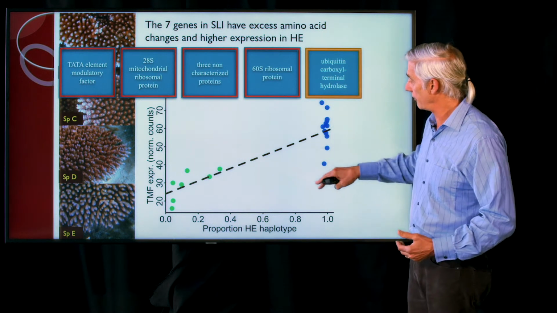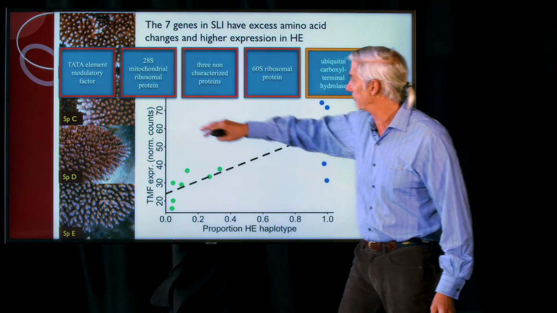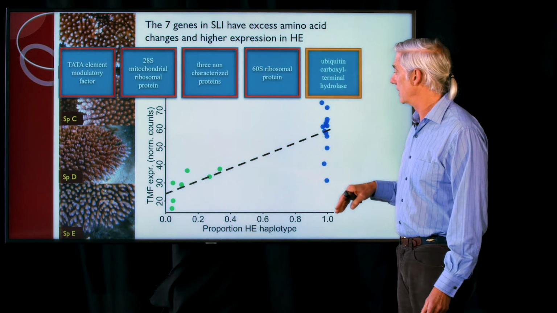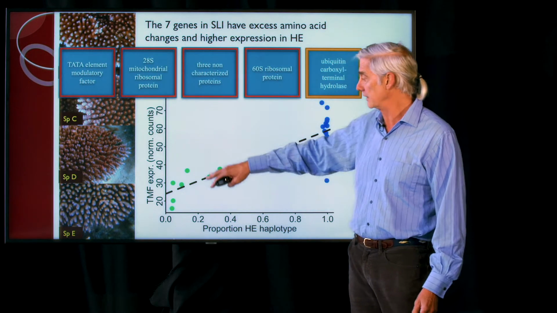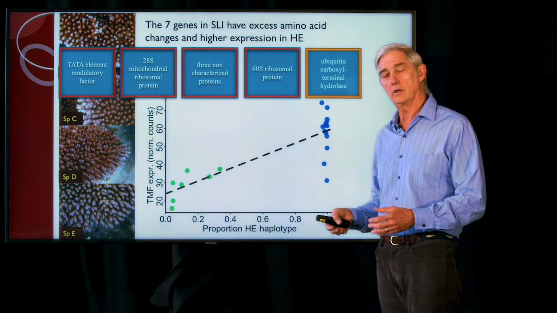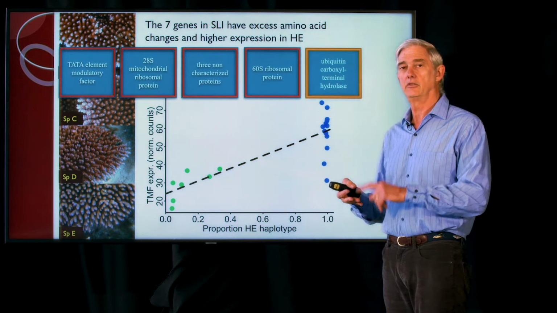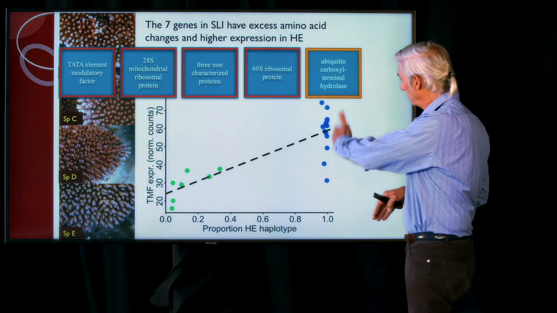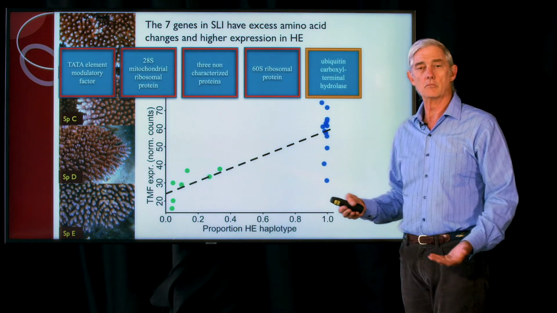What's shown in this graph is the expression level of this gene, the TMF, the tide element modulation factor, which is relatively low for the alleles that you see in species A and C and D. But for the allele that you see in species E, that's over here, the expression levels are much higher.